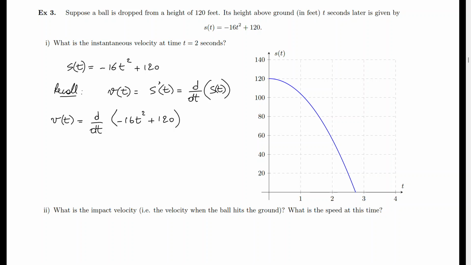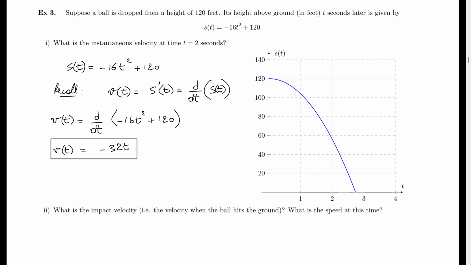And I'm just going to do a little bit of mental math to get the answer here. The derivative of negative 16t squared is going to be equal to negative 32t, and the derivative of 120 is just 0 because the 120 doesn't have any variable t next to it.